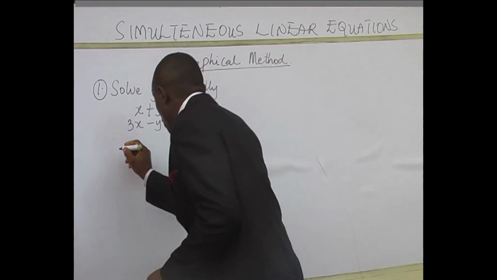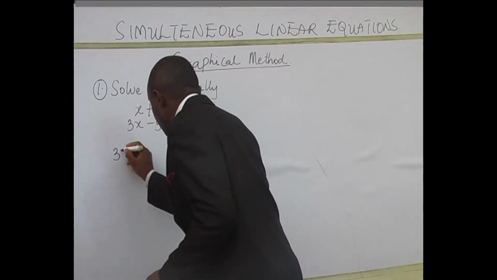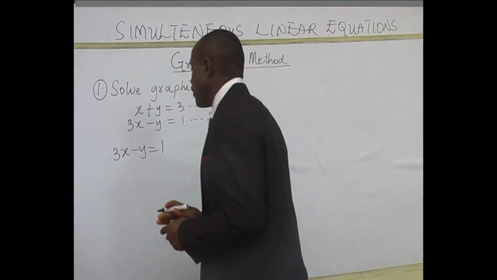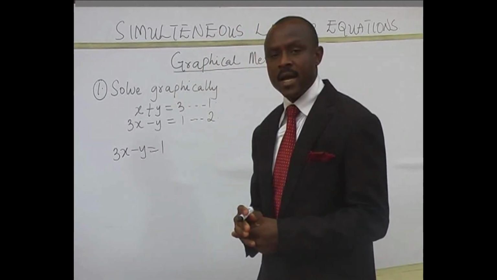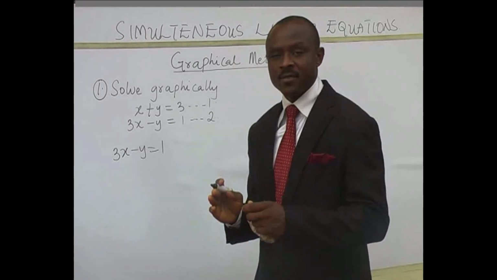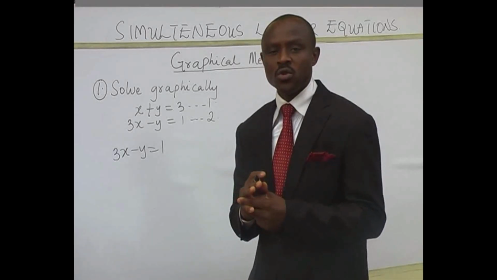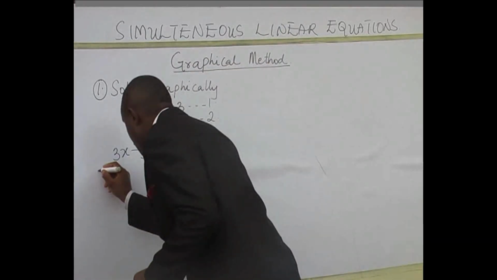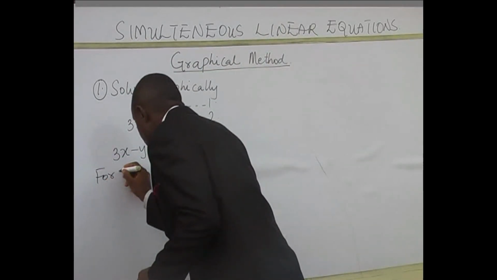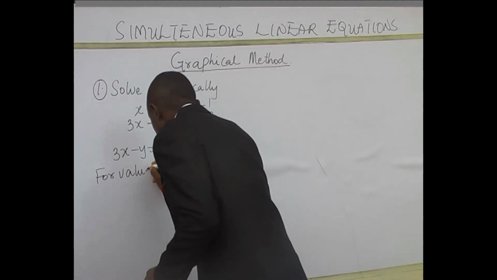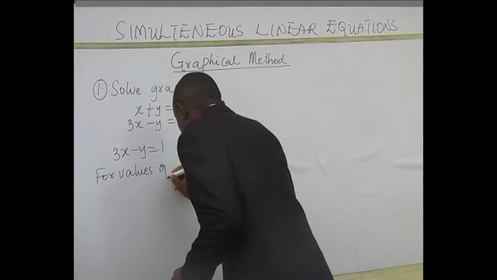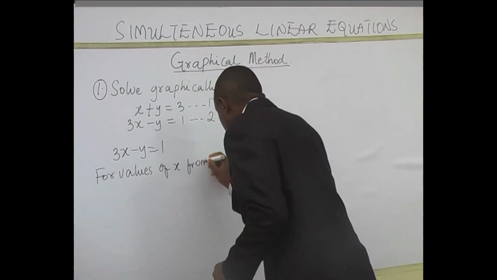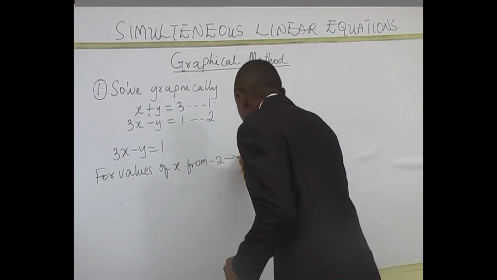Bring down equation 2. Equation 2 is 3x minus y is equal to 1. Remember, we are taking the values of x from minus 2 to 2.